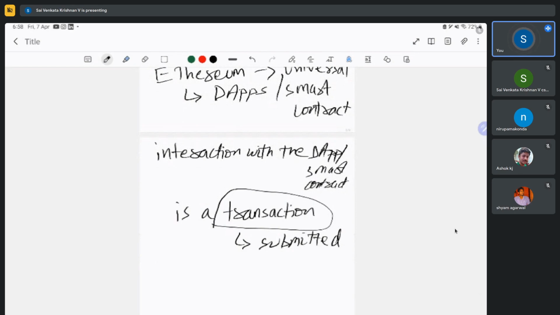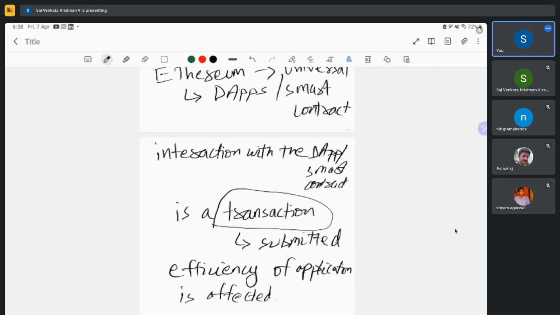And now, if the time for a block to get confirmed is 10 minutes, similar to Bitcoin, then the efficiency of your application is affected, especially in the case of Ethereum, which is projecting itself as a decentralized application platform and not as a cryptocurrency, right?